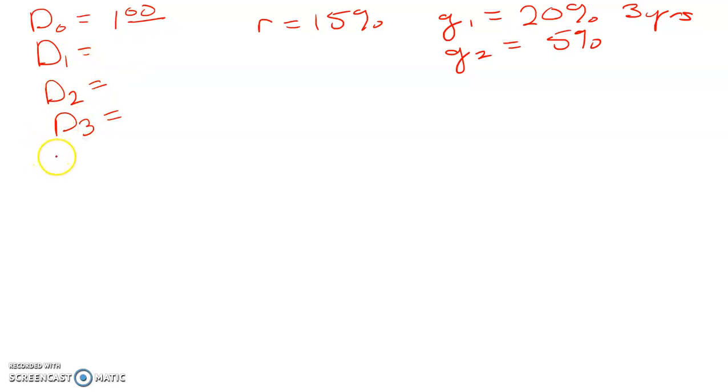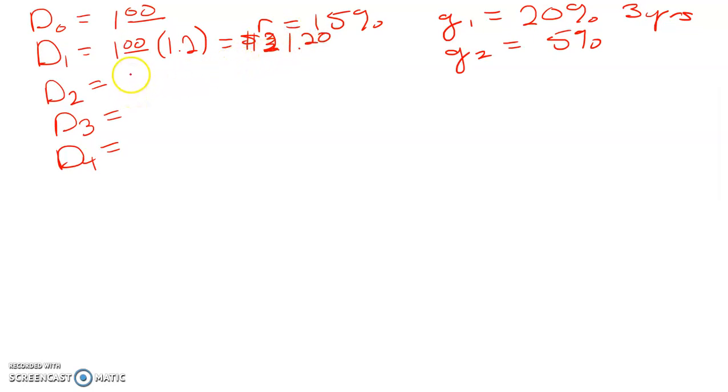The book will show you with calculating D4, so the dividend in year 4. So that $1 is going to grow at a rate of 20%, so that's times 1.2 or 1 plus 0.2. So that's the dividend in year 1 is $1.20.